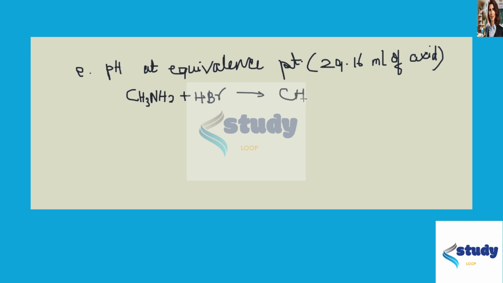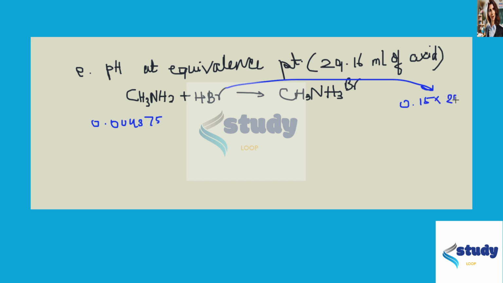So this is my reaction. I could choose to start off with 0.004375 like we've always done, calculate HBr, which will then be 0.15 multiplied by 29.16 divided by 1,000. You plug this in here, which is 0.004374. This is 0. And what happens?